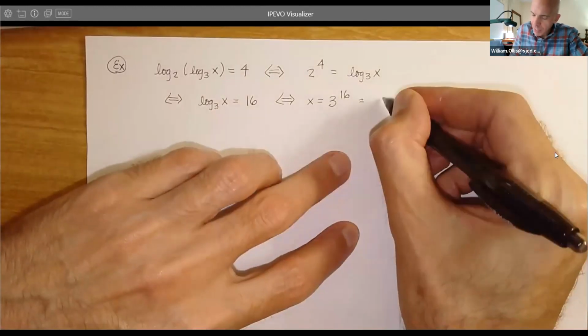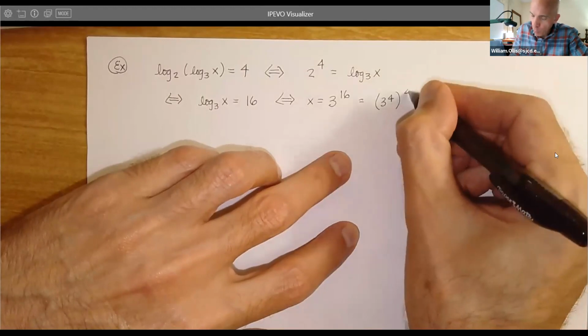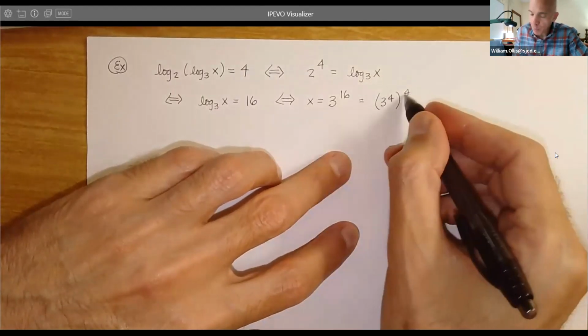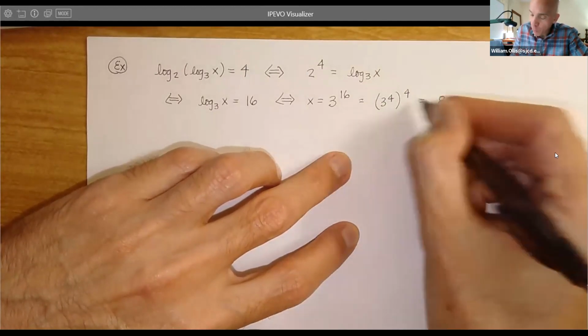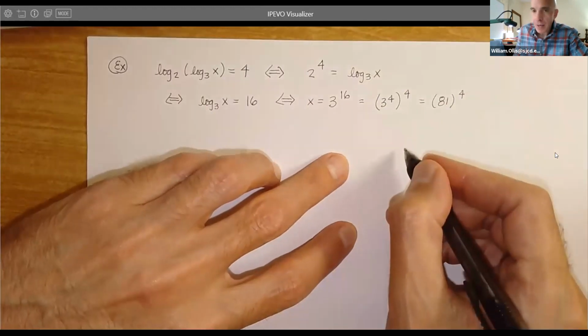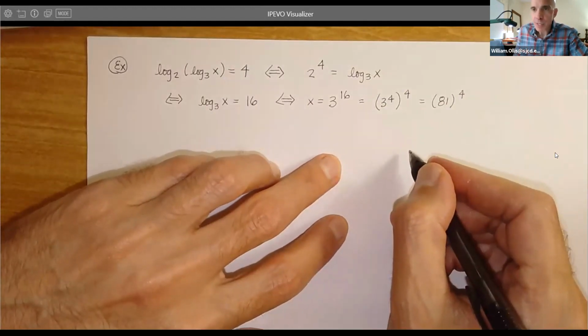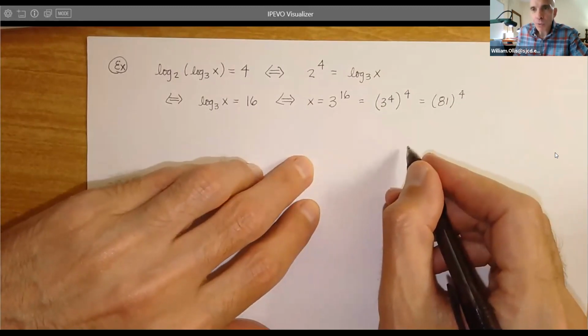For instance, we can say 3 to the 4th to the 4th. That is 4 times 4 is 16. 3 to the 4th is 81, so this would be 81 to the 4th. So that's 81 times itself 4 times. That would be formidable just to write down.